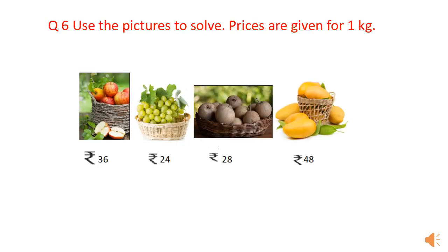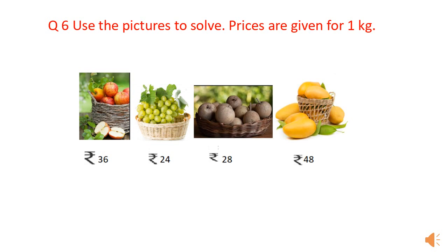Now look at this question. Use the pictures to solve. The prices are given for 1 kg. It means 1 kg of apple costs rupees 36. 1 kg of grapes costs rupees 24. 1 kg of chiku costs rupees 28.